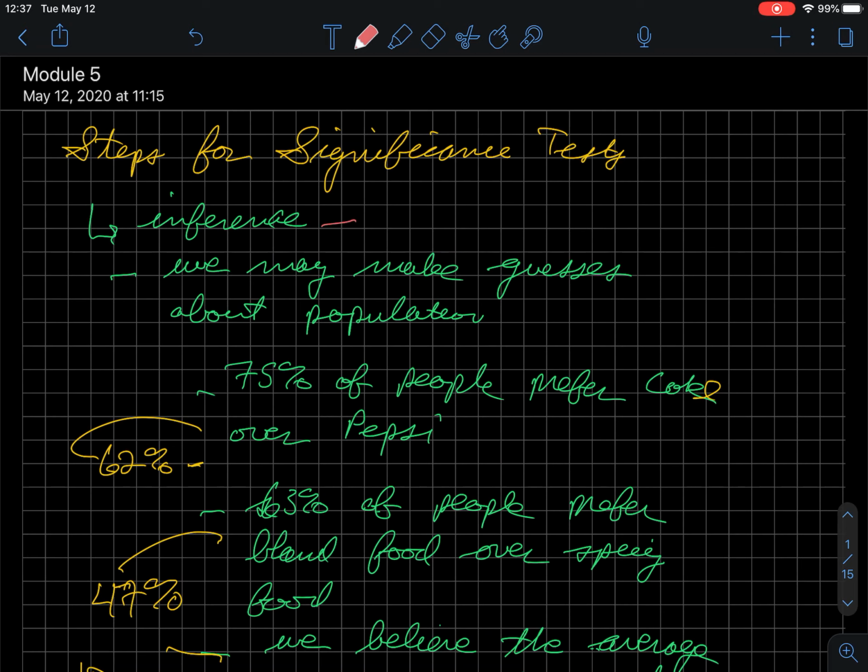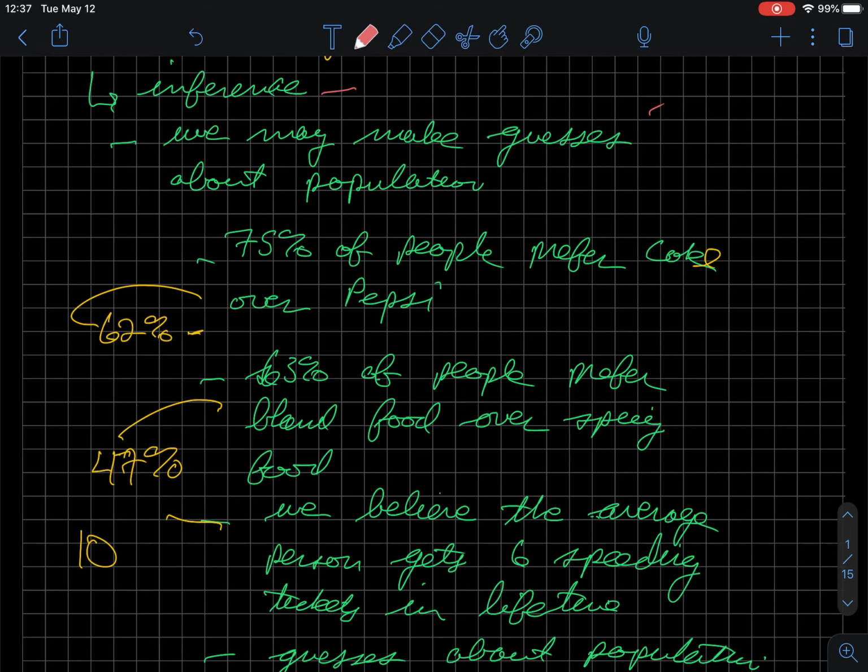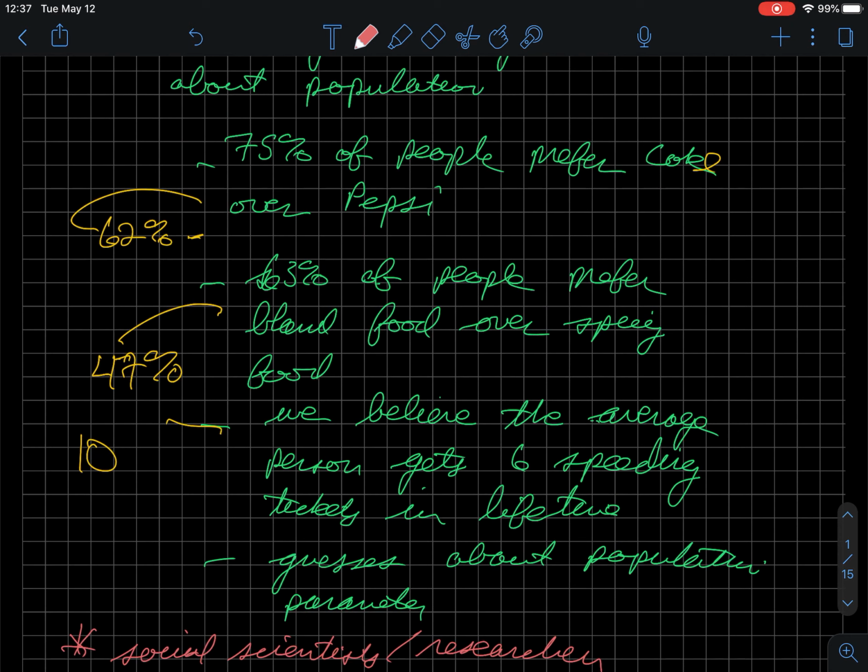Mainly because, as researchers and social scientists, we tend to make guesses about a population parameter, about what's exactly true or not. So we may say something like 75% of people prefer Coke over Pepsi, or 63% of people prefer bland food over spicy food, or that the average person gets 6 speeding tickets in their lifetime.